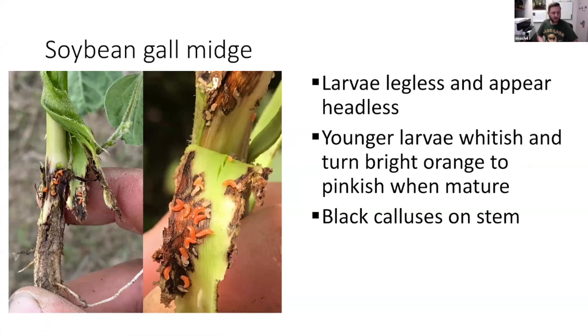The next is really an emerging issue in soybeans, soybean gall midge. These are the larvae of a small fly. The adult is about the size of a mosquito and looks fairly similar to one, but the larvae feed just underneath the epidermis and cause this gall.